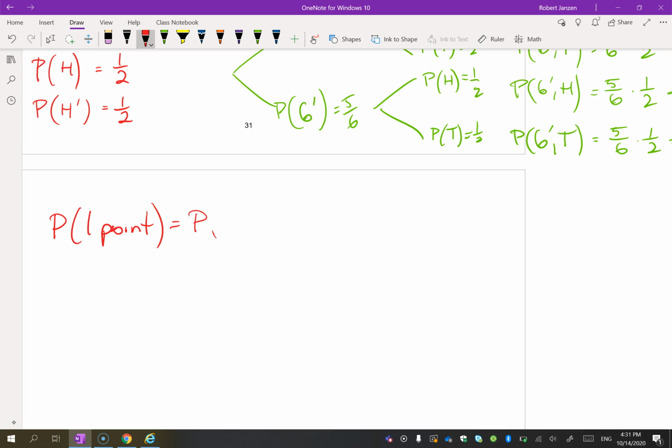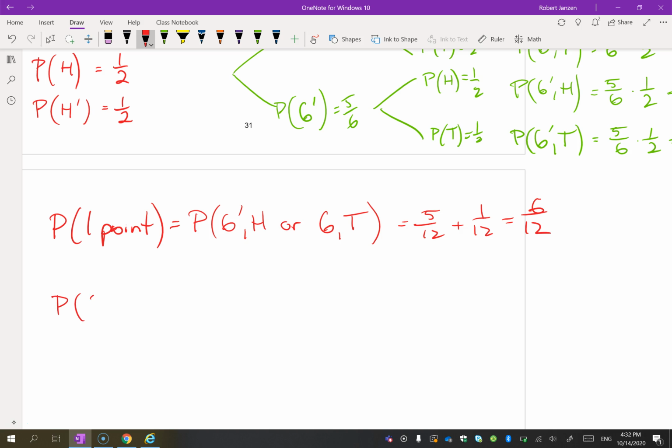This is if you don't get a 6 and a heads, or you get a 6 and tails. Okay, so this is 5 out of 12 plus 1 out of 12. This is 6 out of 12 chance.